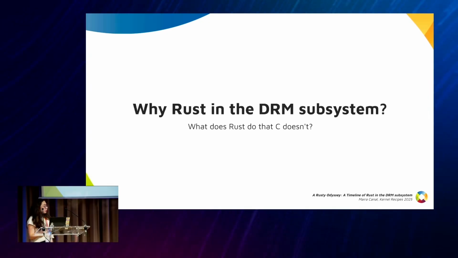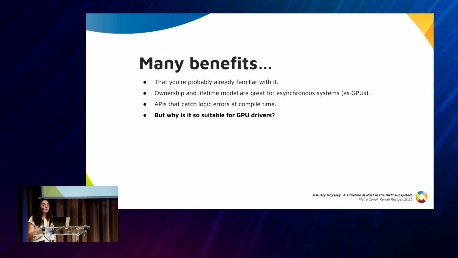And well, after this retrospective, we can jump into the two questions that I mentioned earlier. I think that a fair question at this point is why Rust seems to be so perfect to write GPU drivers. I mean, we are seeing so many being developed recently. Like, what does Rust do that C doesn't? And of course, Rust has many benefits that you probably already know.